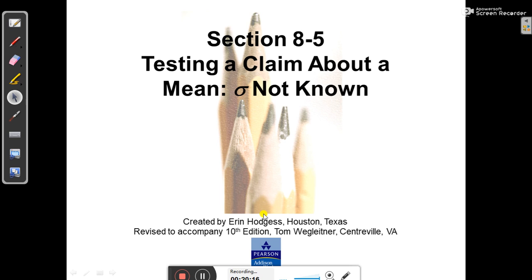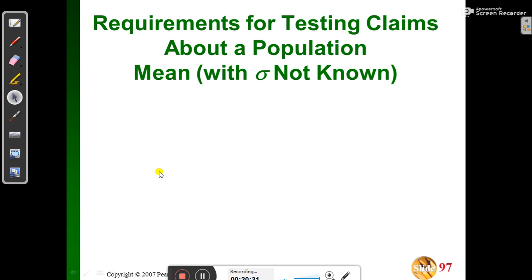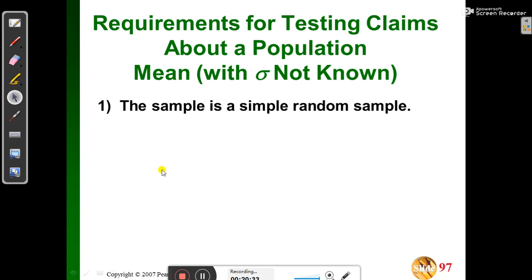Again, another section, that is when we don't know sigma. This section presents methods for testing a claim about the population mean when we don't know the value of sigma. The methods of this section use the student t distribution introduced earlier. The sample is a simple random sample.